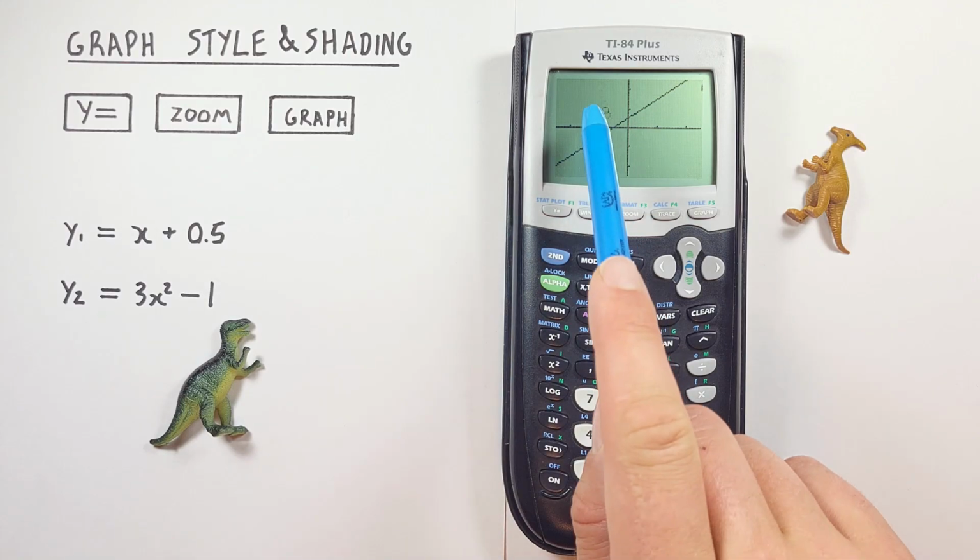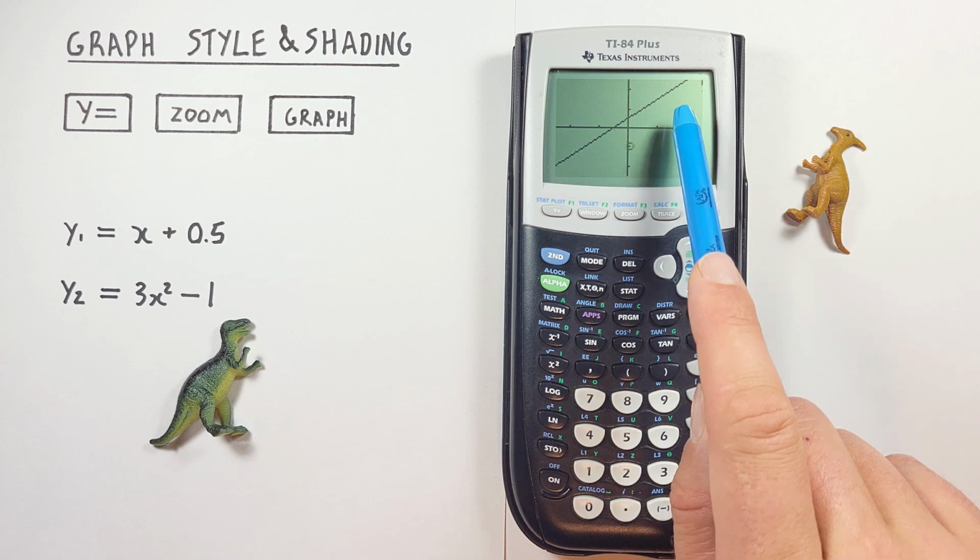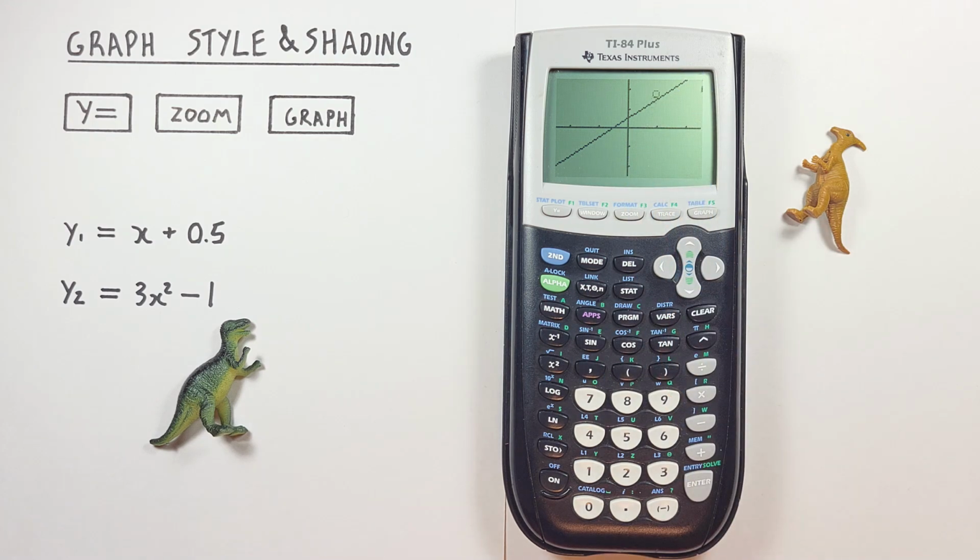And our second function being traced with the circle, but without a line following it, or without drawing a line. There we go. Not sure why you'd use those, but it's an option.